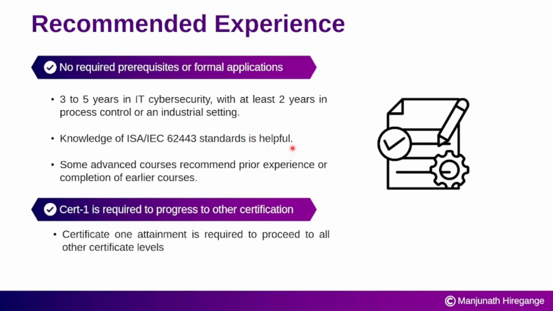It will also be helpful to have some familiarity with the 62443 standard, which nowadays is much easier with ISA GCA providing very good white papers. But don't worry if you are just starting out, you will pick this up as you go through the training as well. For some advanced courses, there are recommended prerequisites in terms of prior knowledge and experience, but these are all not mandatory, right?